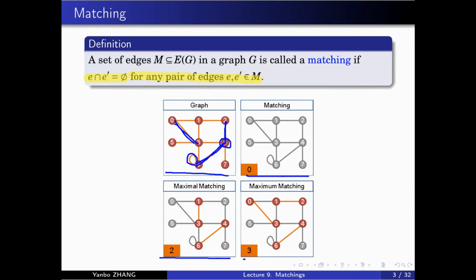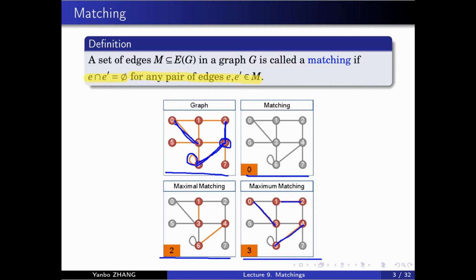The lower right graph shows a maximum matching. The edges 0, 3, 1, 2, 4, 6 form a matching which is maximum and maximal because you cannot obtain a larger matching with more than 3 edges in this graph.